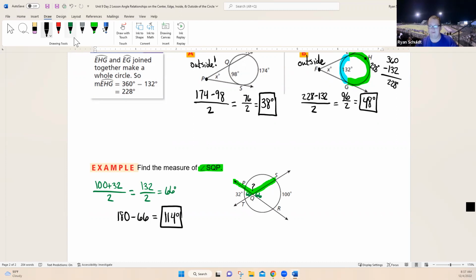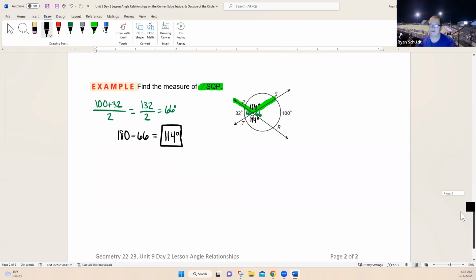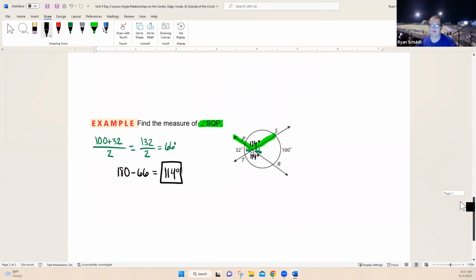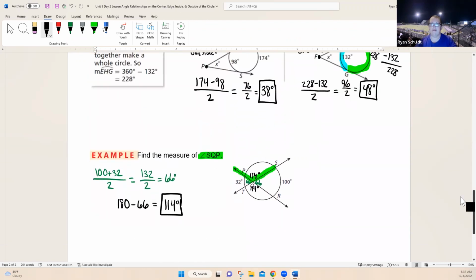There's the measure of angle SQP. So 114 degrees, and so is the one below it for that matter. Okay, there is our lesson for day 2. Stay tuned for the guided practice.